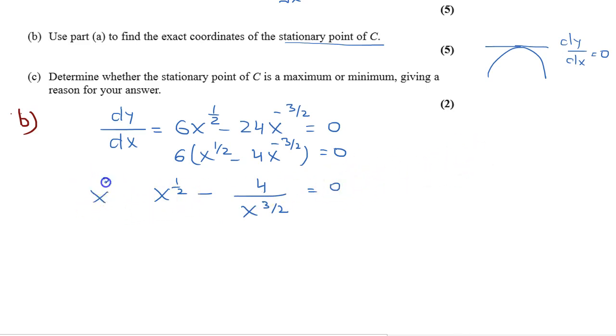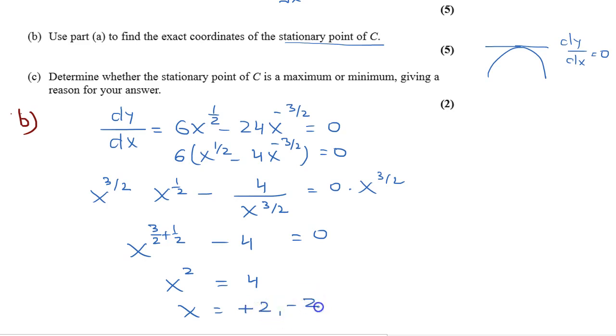So multiply by x to the power 3 over 2, so it will be x to the power 3 over 2 plus half, minus 4 is equal to 0. 3 over 2 plus 1 over 2 is 4 over 2, so x square is equal to 4. So x is equal to plus 2 or minus 2. So our condition is x is positive, so the answer will be x is equal to 2.